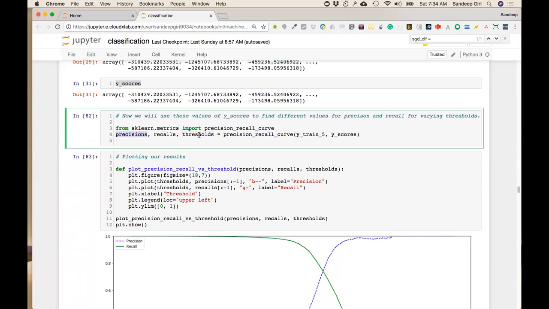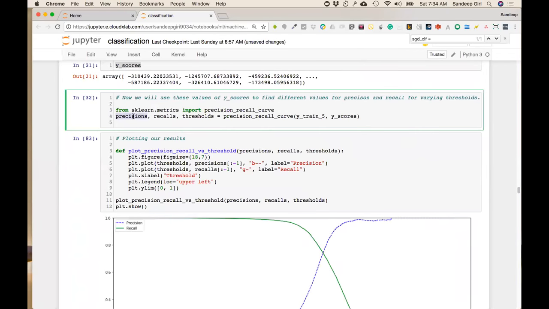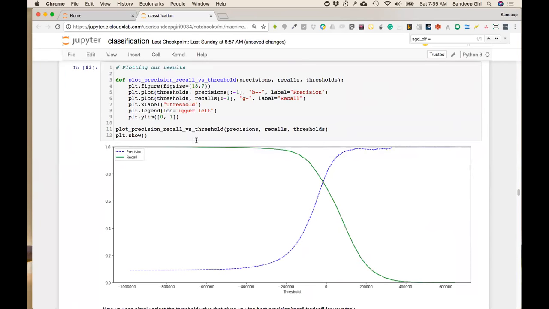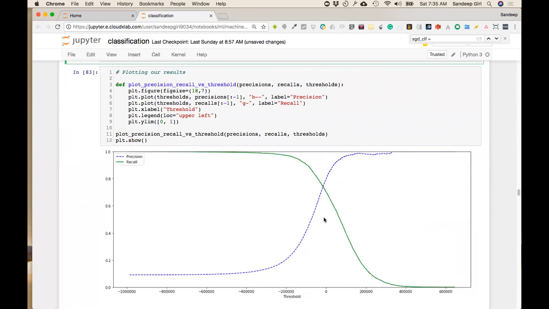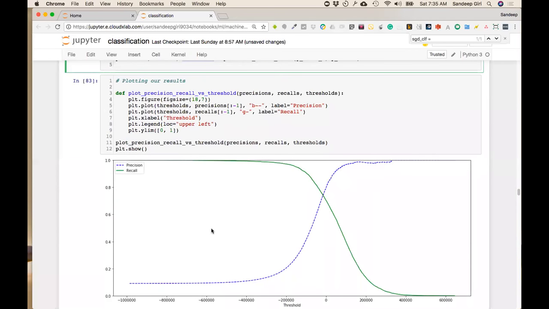For each threshold it computes precision and recall rate, the way we were doing manually just now. Once that is done, we can use these three columns and plot all three values so that we can visually see what's going on.